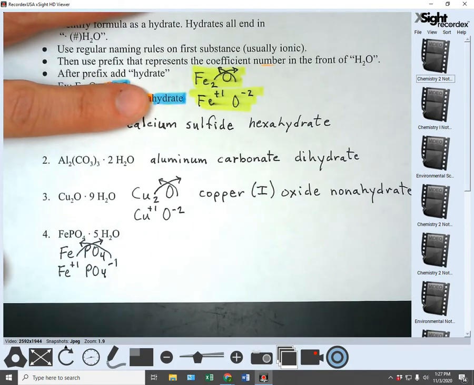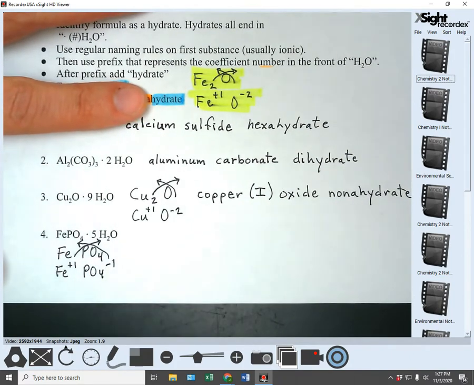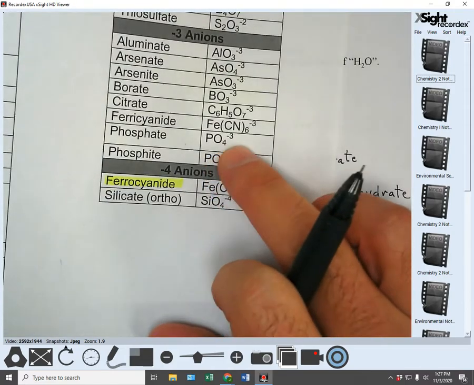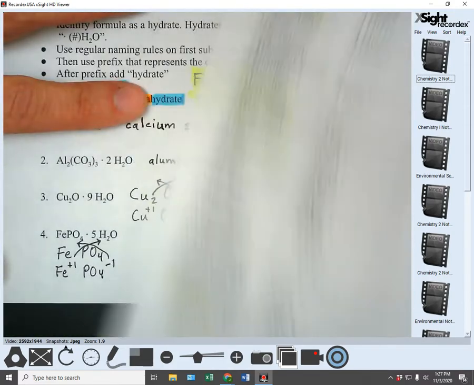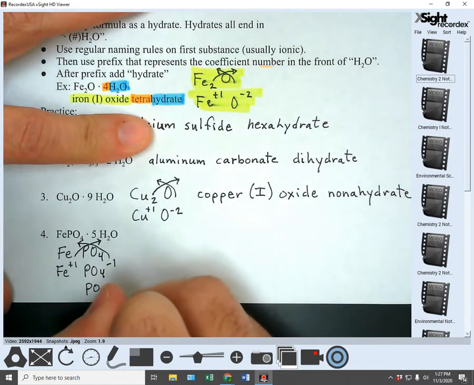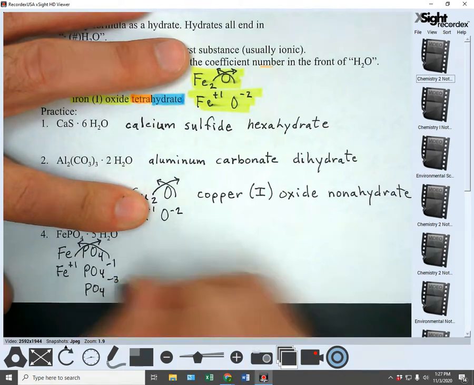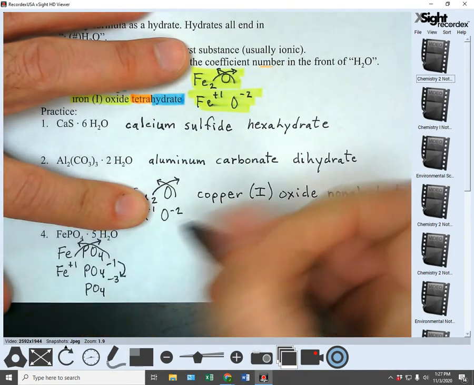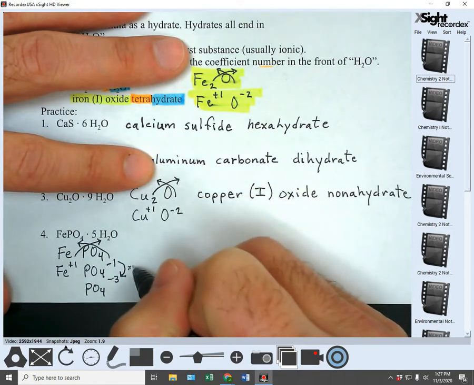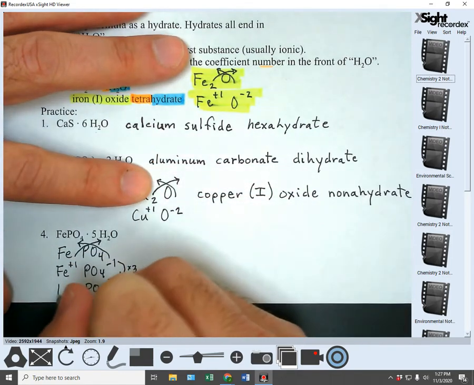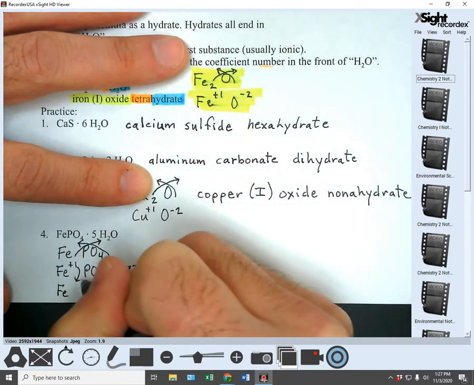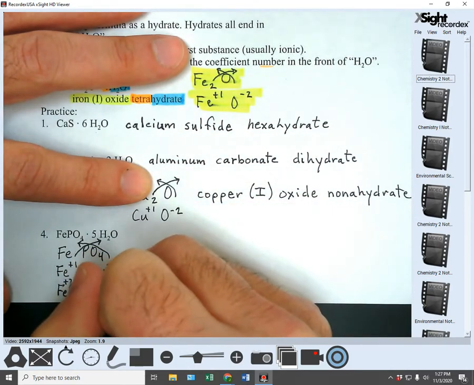Now we're going to check for reduction. We check the anion, the PO4. If we look on here, PO4, according to our chart, is supposed to be a -3. That's not what we have. We have -1. So if the PO4 started out as a -3, what did we have to multiply by to undo this? Well, times 3. So we have to do the same thing onto the Fe, times 3, and we get a +3.